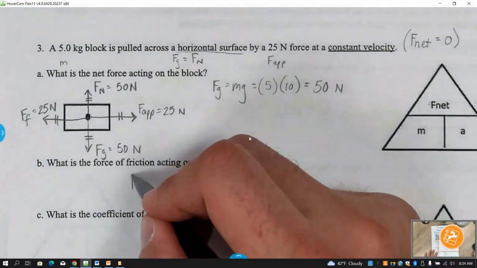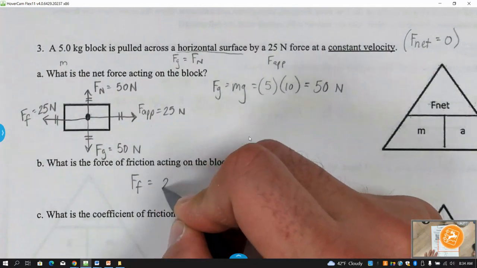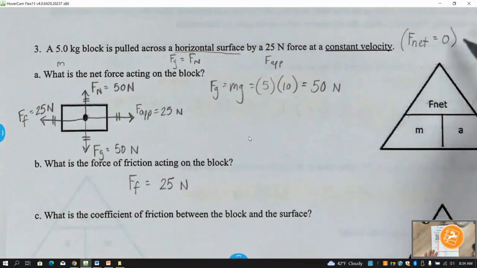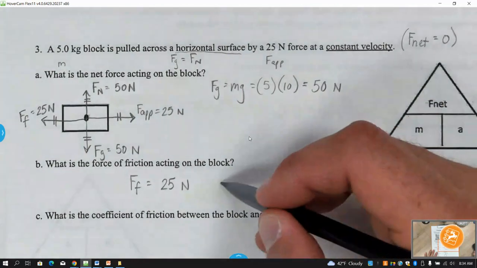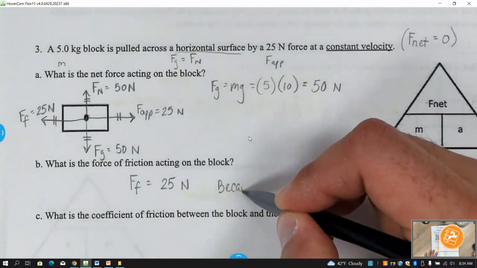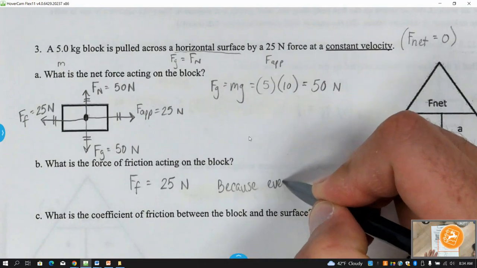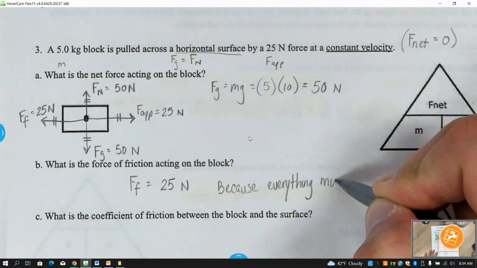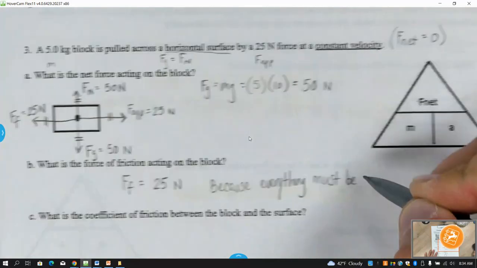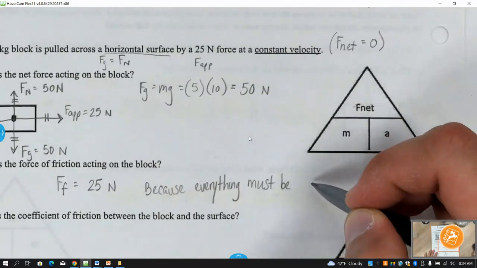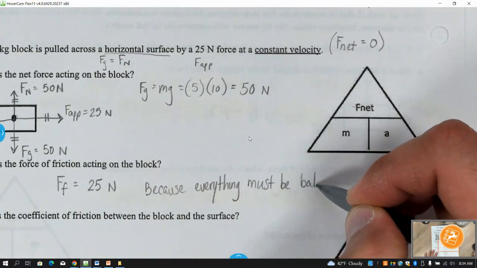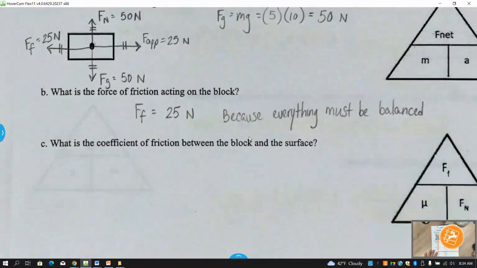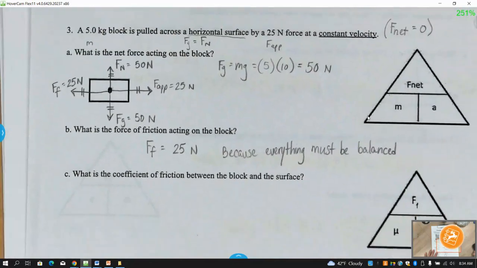Well, it had to be 25, because if the F net is 0, everything must be balanced.